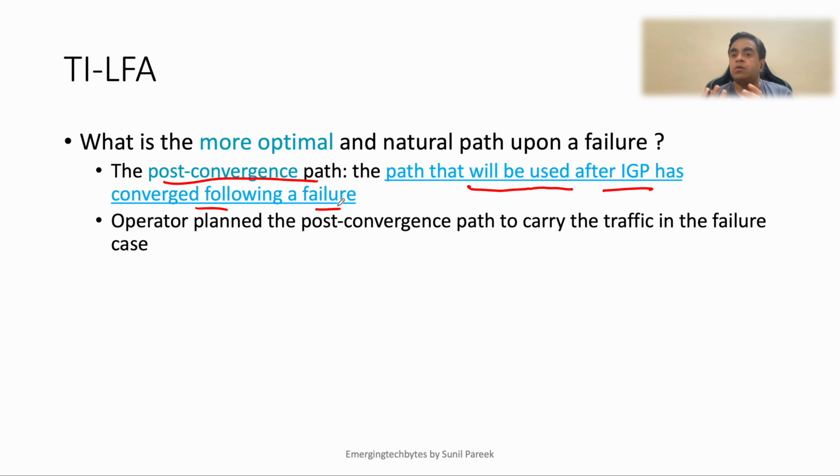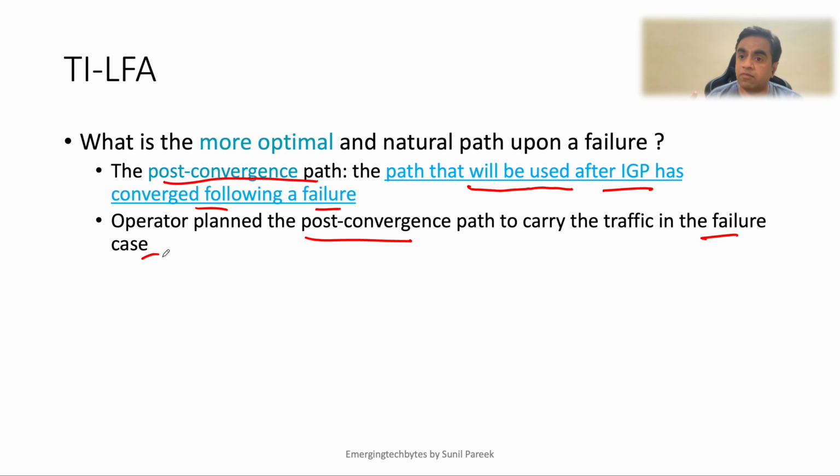And operators, when they plan their bandwidth capacity, plan it keeping their primary link in mind, and when the primary link fails, what is my secondary link? So they take that into consideration. So your post convergence path, which is your secondary path, will have that much capacity thanks to the planning that these operators do to handle that failure case.